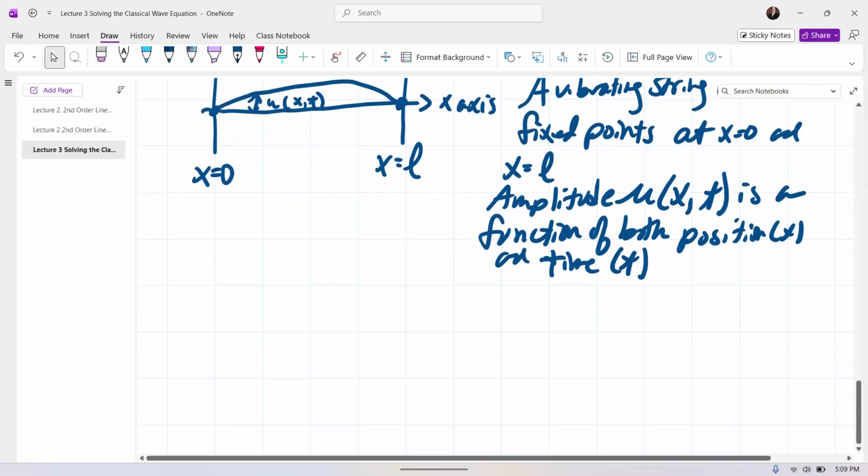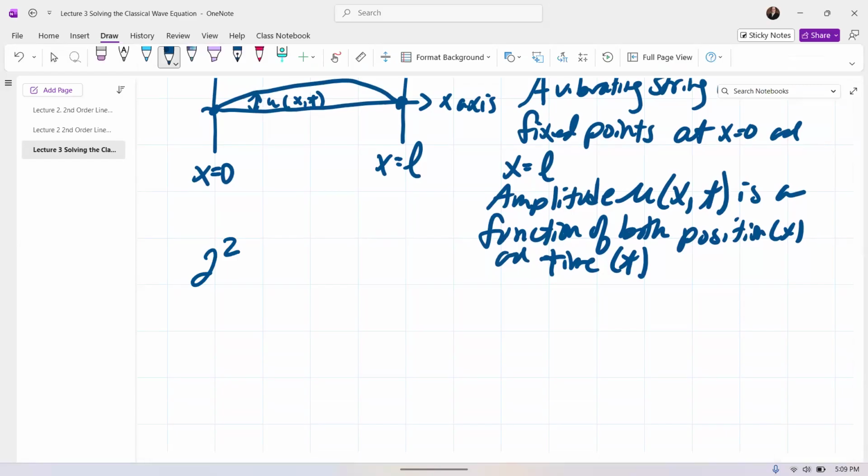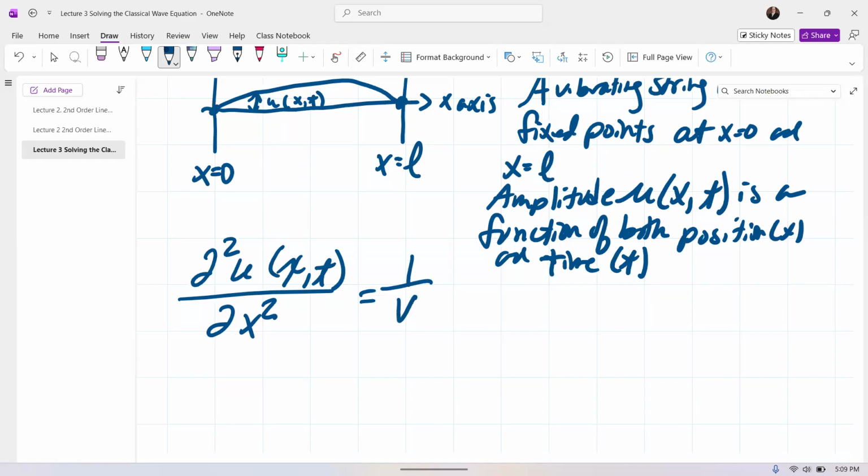So now we are going to write the equation that describes this. The classical wave equation is given by the partial derivative squared, this is my curly d, of u of x and t over d x squared equals 1 over v squared, that's velocity, d squared u of x and t over dt squared.